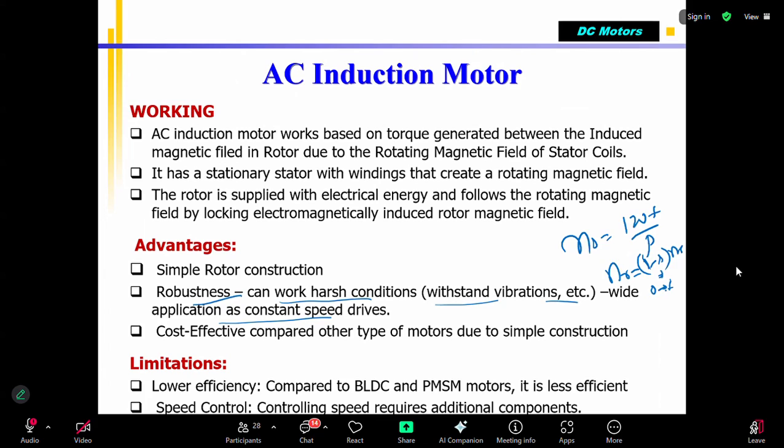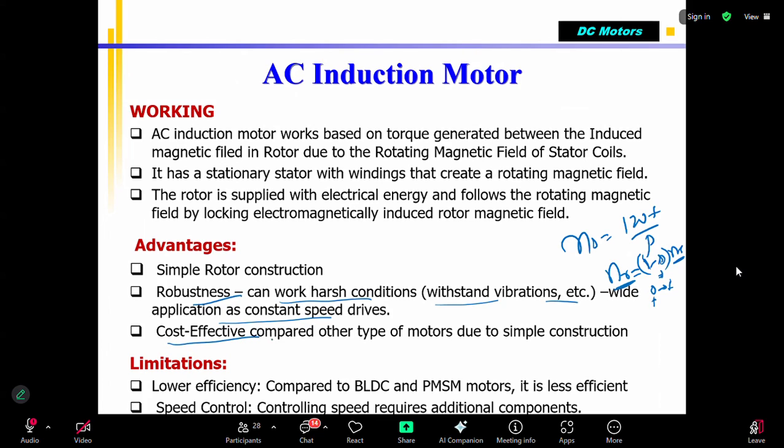Correct. Zero slip is at no load condition. That means the rotating magnetic field speed and the rotor shaft speed will be the same. Correct. When slip equals 1, 1 minus 1 equals 0, that means the motor is in standstill condition or fully loaded condition, which is called an overloaded condition.